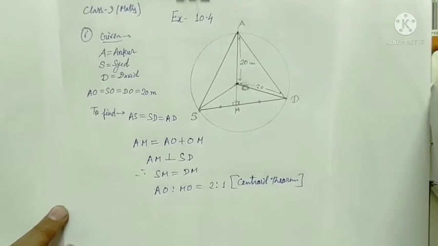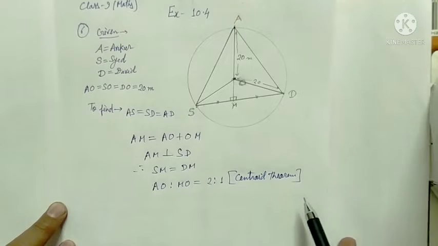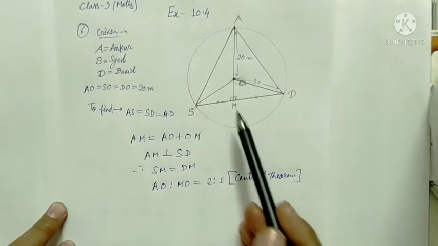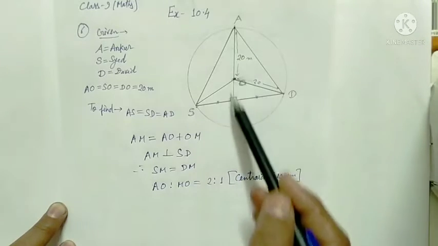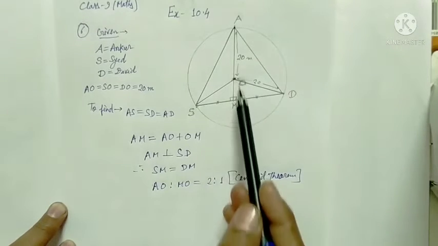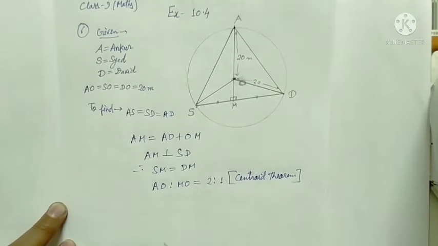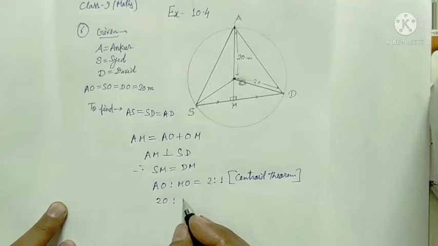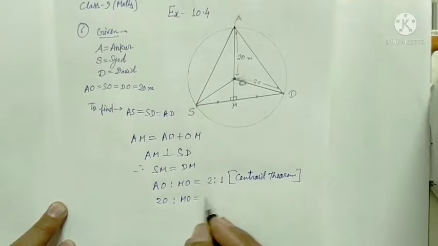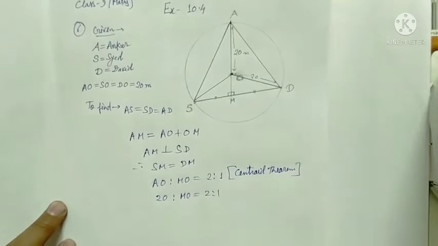The centroid theorem states that the center of the circle divides the altitude of an equilateral triangle in 2:1 ratio. Okay, so AO is 20, write it 20. MO we don't know, so write MO only, is equal to 2:1.